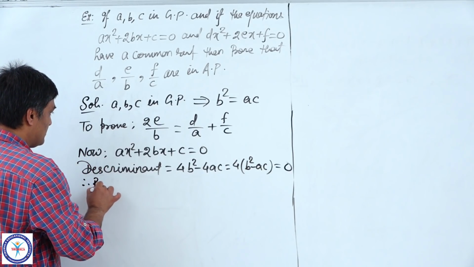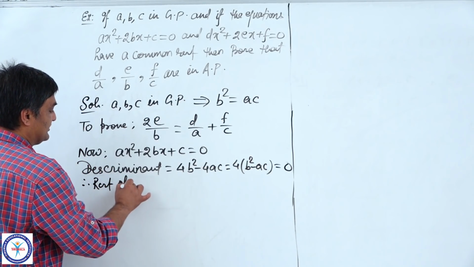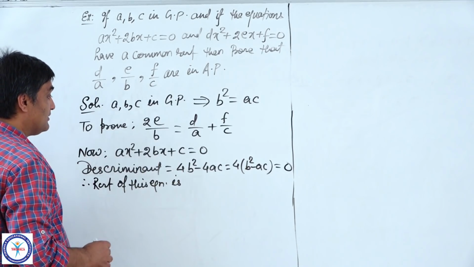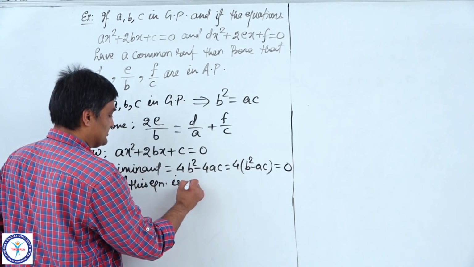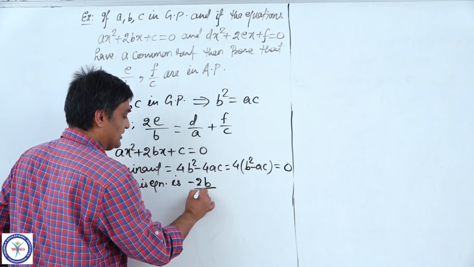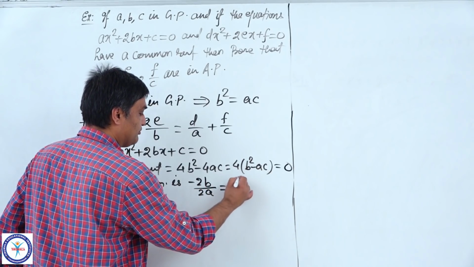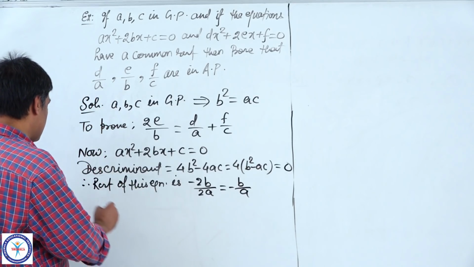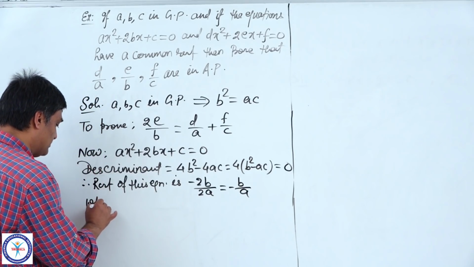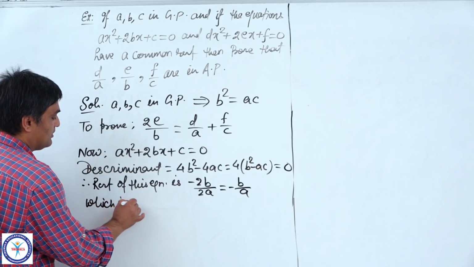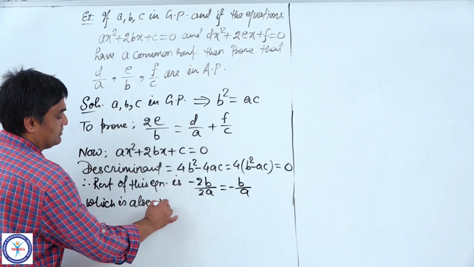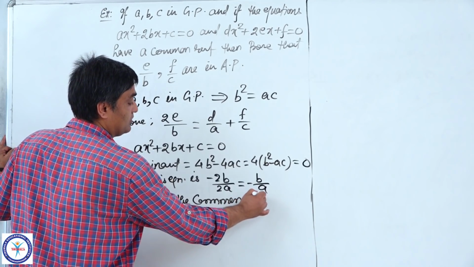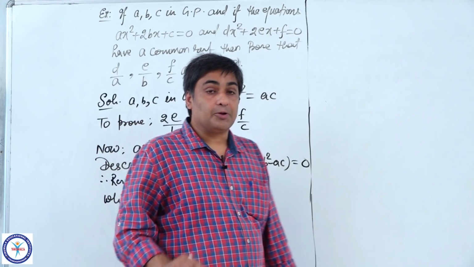Therefore, the root of this equation is minus 2b by 2a, that is minus b by a, which is also the common root. Why?